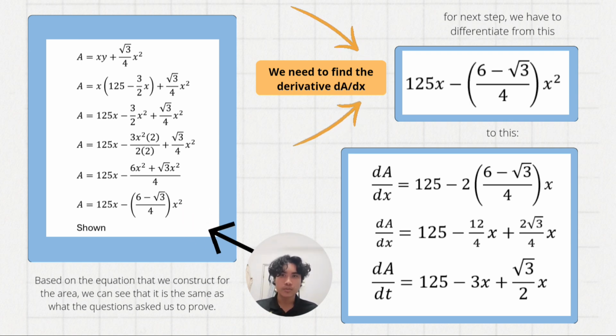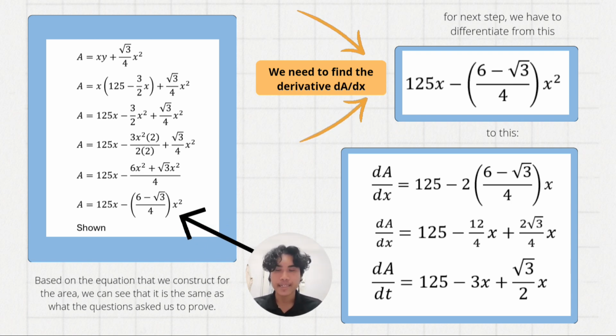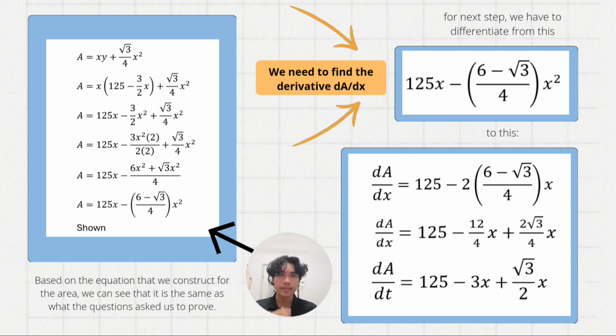After we solve it, we have A equals 125x minus (6 minus square root of 3 over 4) x squared. From the equation we constructed for the area, we can see it's the same as what the question asked us to prove, so we write shown there.